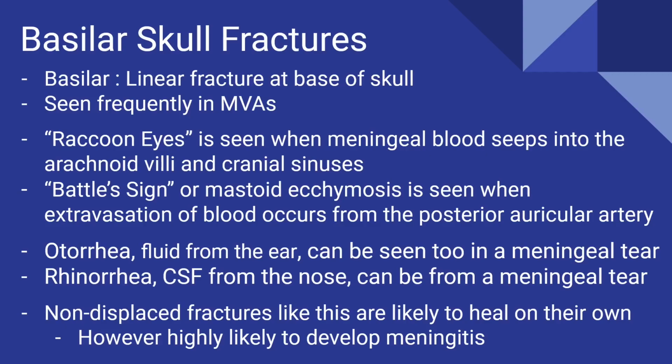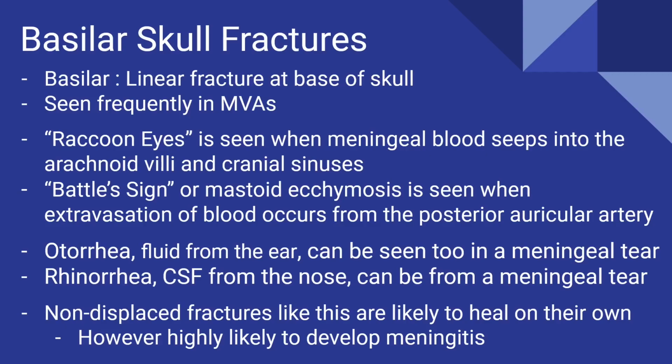So that's that. And then you can get something called Battle sign, named after the last name of the man who found it. And that's mastoid ecchymosis. So over the mastoid bone, you'll see some pooling of the blood there, and you could sometimes see pooling around the ears as well.